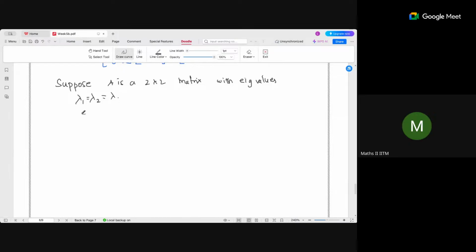Okay, and is it possible to find D, or let's say P, such that A equals P D P inverse, where D is equal to lambda 0 0 lambda?